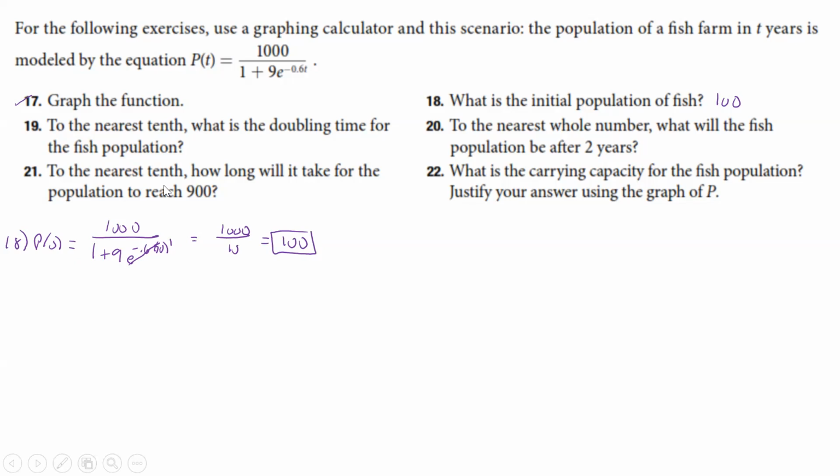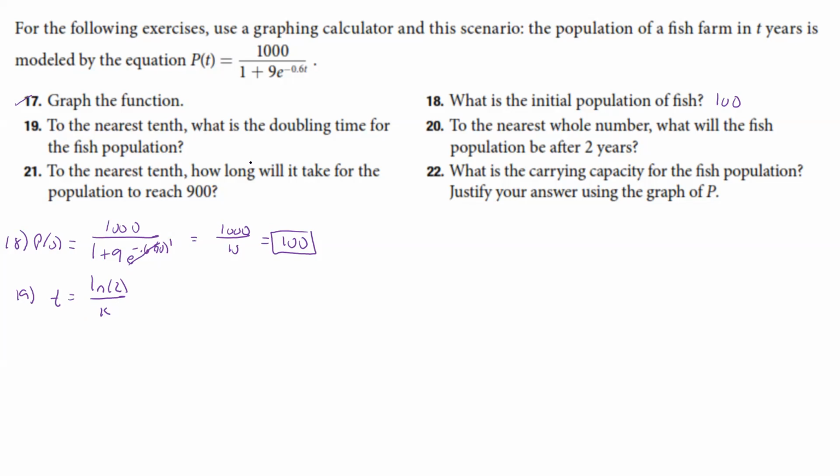All right, so the next one is asking, to the nearest tenth, what is the doubling time for the fish population? Well, we have 19. What we remember is t is equal to ln of 2 over k. That's how we do the doubling; it's going to go up and it's doubling, so we have the positive of this. Here we have k.